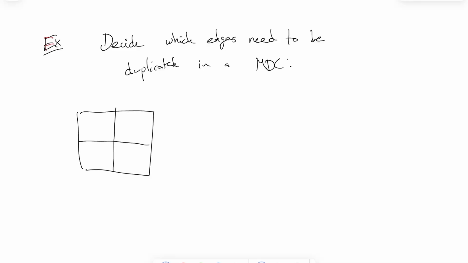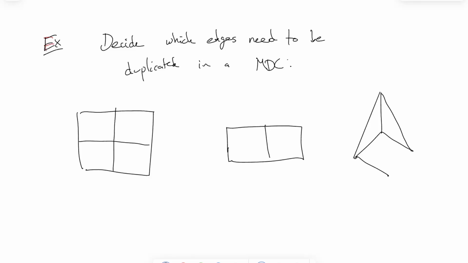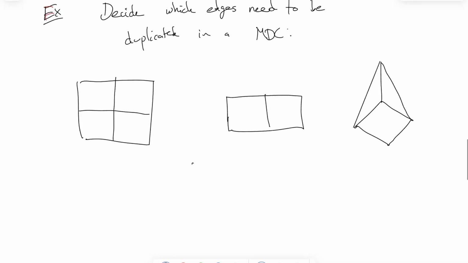This is a lot easier than drawing out the entire thing. All right, there's 4 examples there. So you don't have to draw the red line, but just decide which ones you would duplicate if you were going to draw it. And specifically, say how many duplications are necessary.